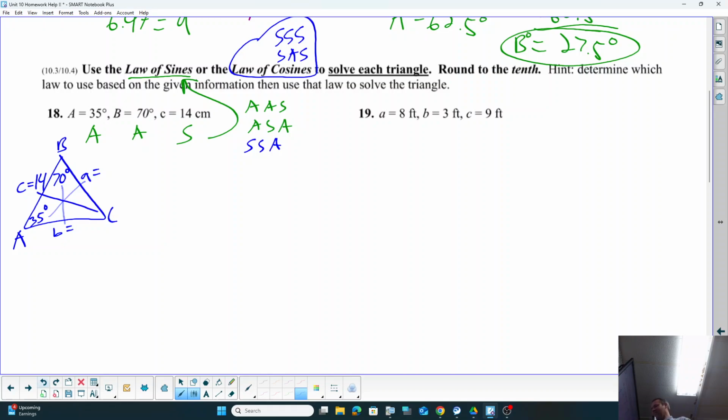What do we do? Well, we could actually find that other angle by using the other two angles. So how do we find angle C?